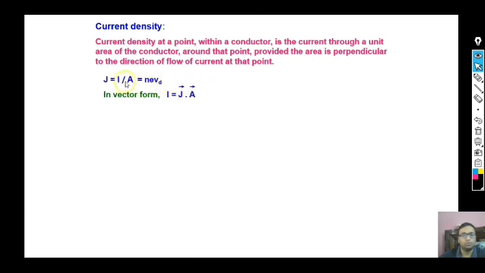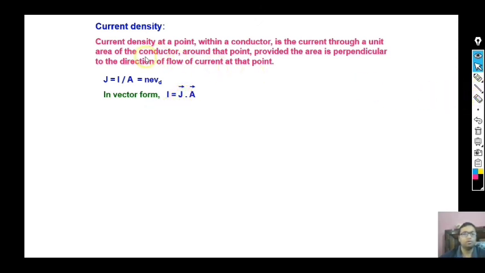So we can understand that J equal to I upon A, where J is current density, I is the amount of current, and A is area, and we know that I equal to n e A vd, so the area will cancel out, and we will get this expression. In vector form we can write I equal to J dot A, because we have to take the perpendicular area. So this is all for today.